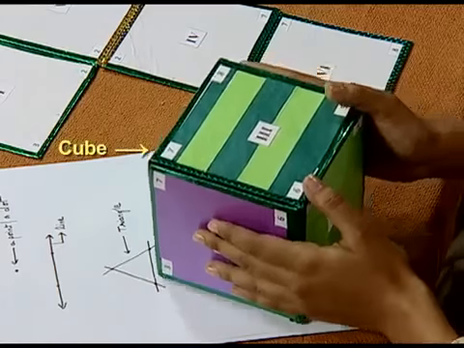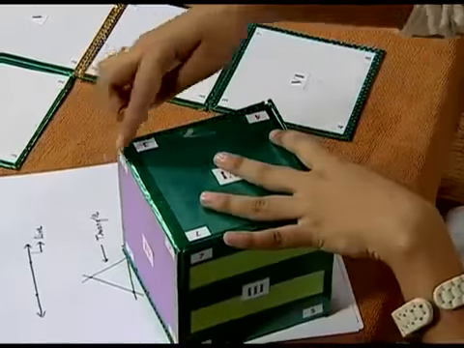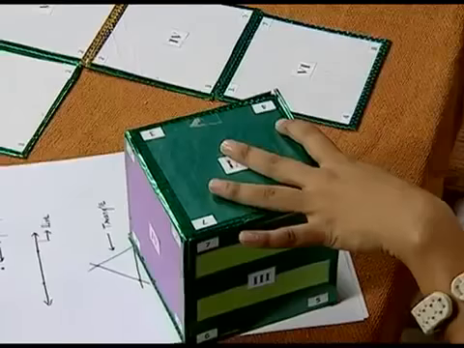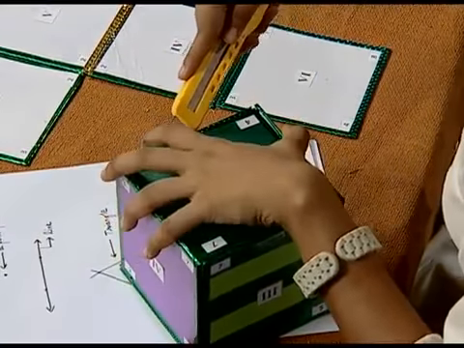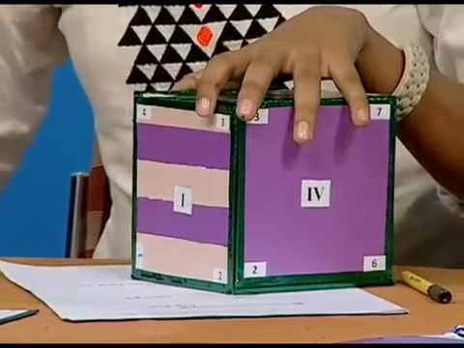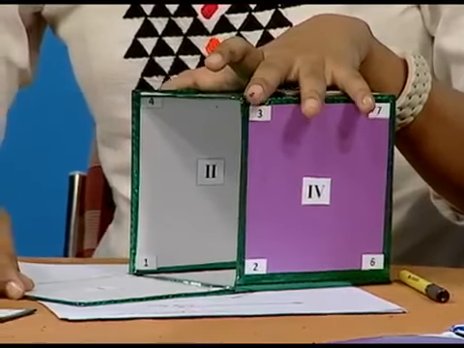Now, let us take some concrete objects. What is this? A cube. When we cut this cube, say from this first side, what do we get? Let us cut with the help of this cutter. If we cut this first side, we get this one leaf.